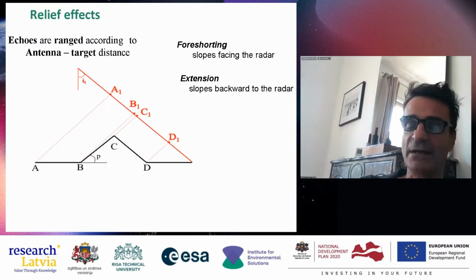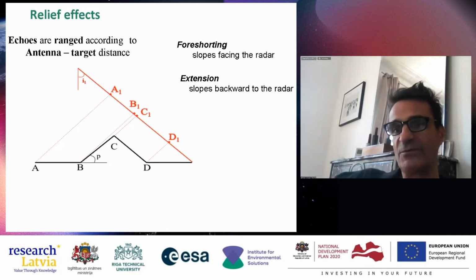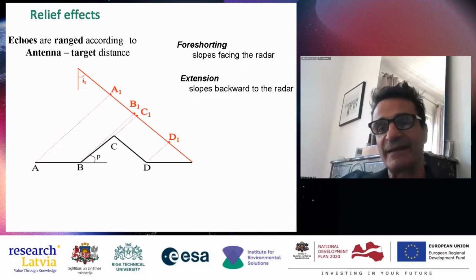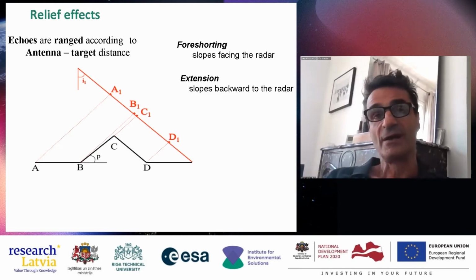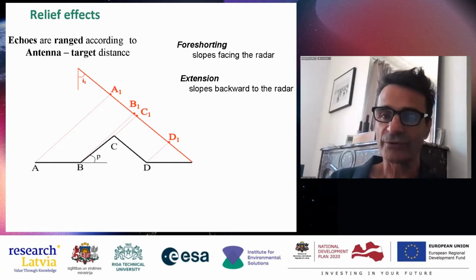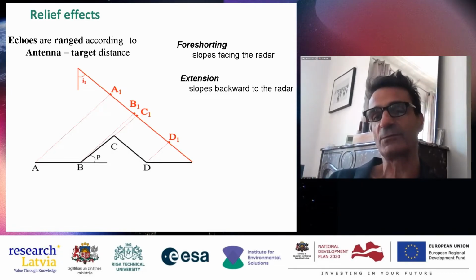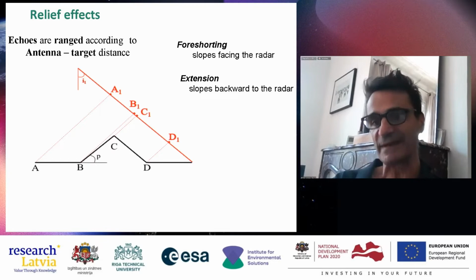This is a main limitation of the radar. For example, if you want to look at radar, in a first approach, I would suggest you use a mask and don't analyze the surface with slopes higher than 20 degrees.